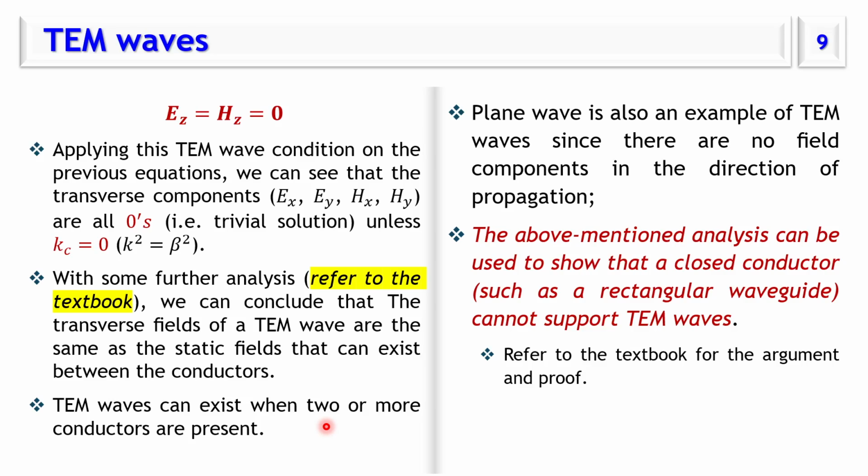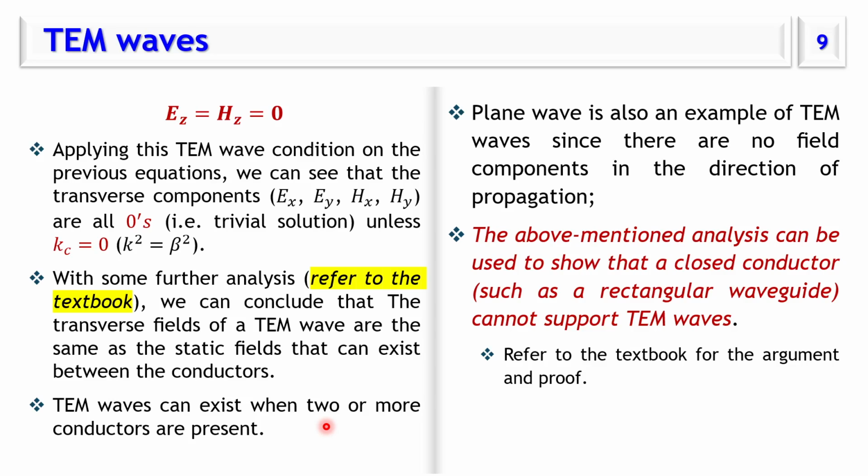But if the waveguide is hollow, like a circular waveguide or rectangular waveguide, it can't carry a transverse electromagnetic wave. So we must have two or more conductors in the waveguide in order to carry transverse electromagnetic waves. Other than that, the waveguide can't hold a transverse electromagnetic wave.